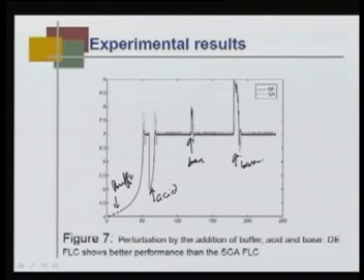You see the genetic algorithm based controller has more overshoot here, and here also more overshoot, here more undershoot, here more undershoot, and also there is some steady state error in case of GA, whereas in case of differential evolution we get constant pH. This is an experimental result. So, for perturbation by addition of buffer, acid, base, DE-FLC shows better performance than SGA-FLC.